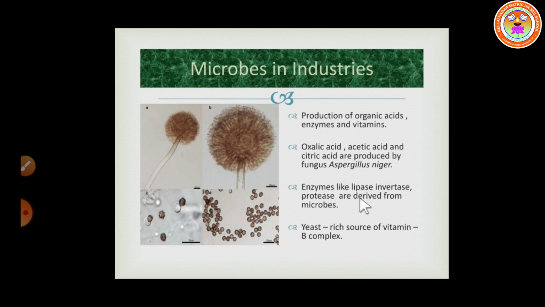So microorganisms are used variously: Aspergillus niger is used in the production of acids like oxalic acid, acetic acid and citric acid, and enzymes like lipase, invertase and protease can also be obtained from microorganisms. And yeast, Saccharomyces cerevisiae, which I told in the previous slide, is a rich source of vitamin B complex.